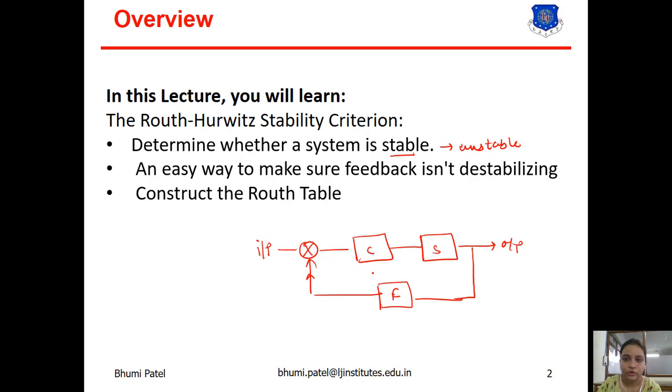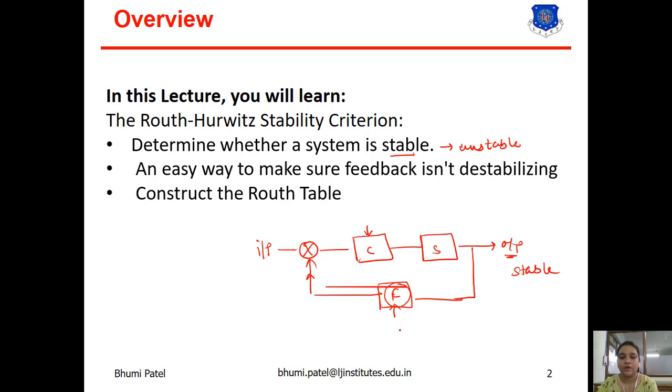Using the closed loop system, if we cannot get the output stable, we can change the controller or the feedback element and try to bring the system to a stable position. If feedback is destabilizing, we get an unstable system. So it is possible to convert an unstable system into a stable system using a closed loop control system.